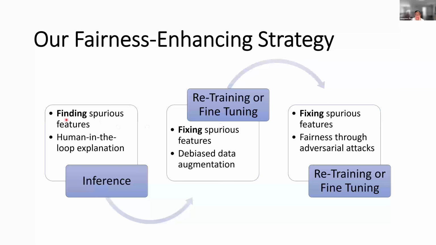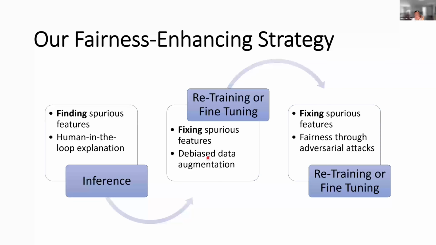Then after we find it, the next step is we have 2 ways to fix it. One way is data augmentation. We try to use additional synthetic data to decouple the correlation between the spurious feature and the outcome.